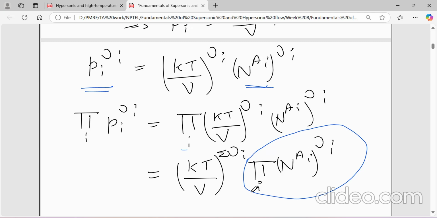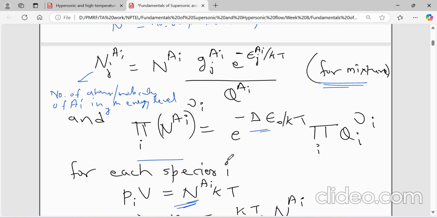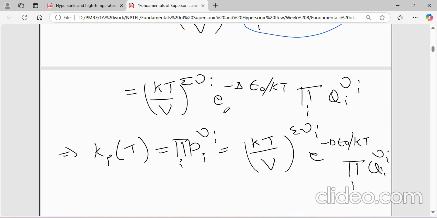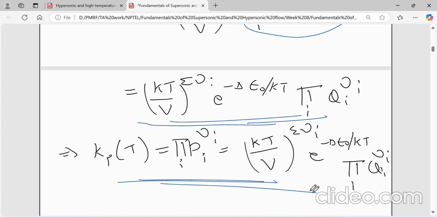Now we know the value of NAi to the power nu i. It is nothing but e to the power minus delta epsilon naught upon kT into product of Qi to the power nu i. We will substitute that value here, so we will get it equal to kT upon V to the power sigma nu i, e to the power minus delta epsilon naught upon kT, product of Qi to the power nu i. This is the relation for the equilibrium constant.